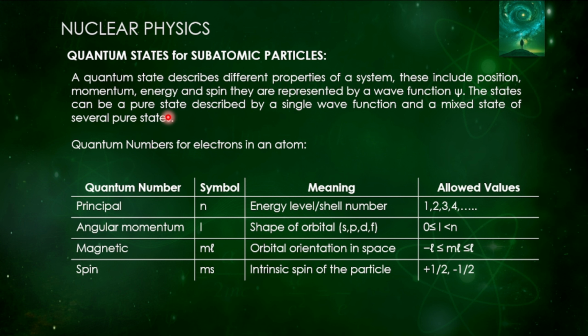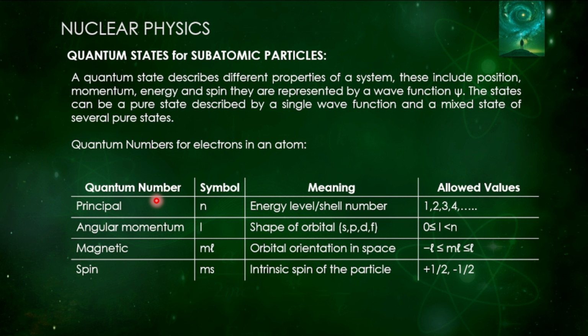So again, as we mentioned, the quantum state describes properties of a system or a particle, like the position, momentum, the energy, and spin that we've previously talked about. So quantum numbers, let's talk about these different values.